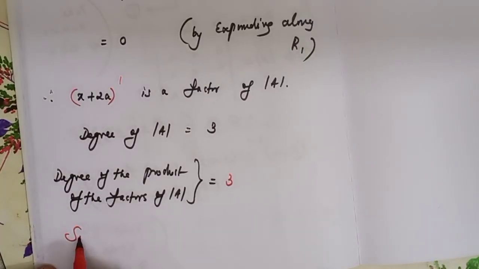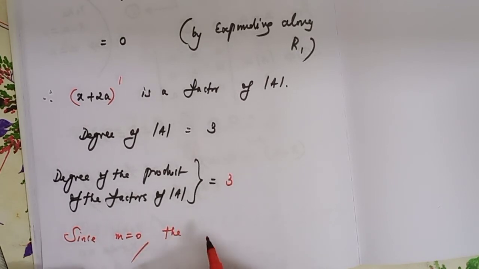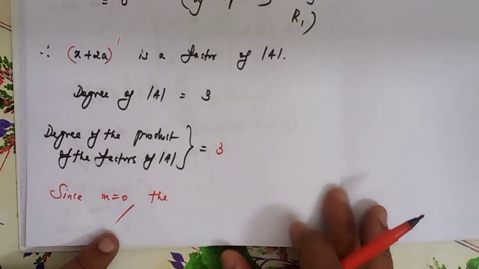I write here, since m is equal to 0, the other constant factor is k.